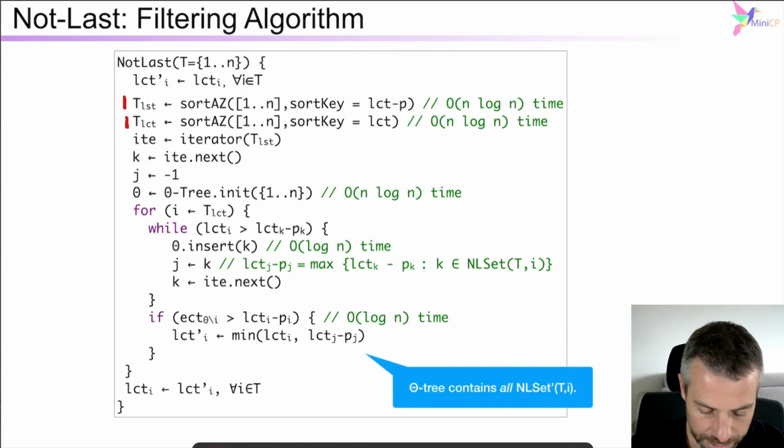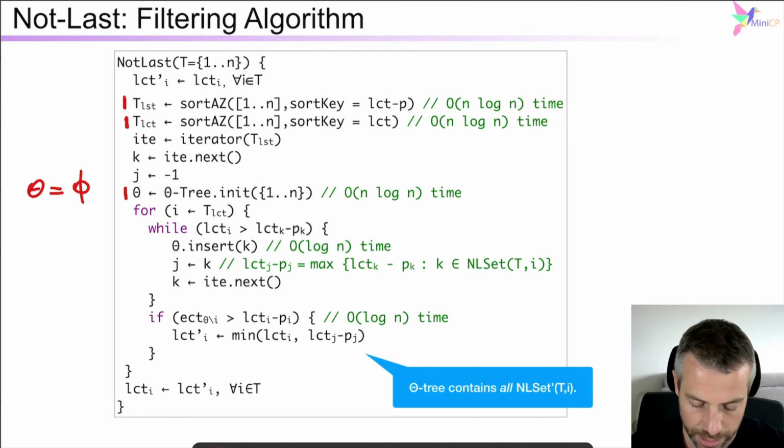So in the algorithm we sort them according to the latest completion time and according to the latest completion time minus their processing time. Okay, we initialize the theta-tree. Initially the theta-tree is empty, so we have no activity in it, and for each activity I, what we will try to do is that the theta-tree will be equal to the not-last set.